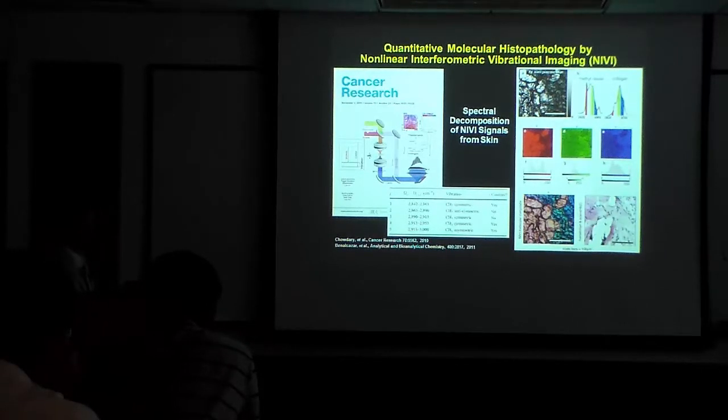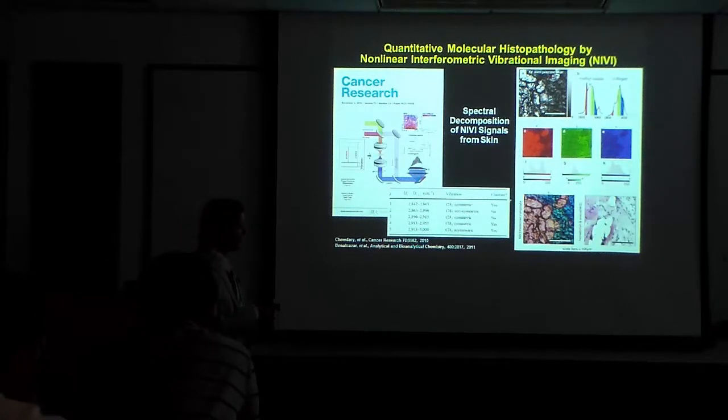We have a pump and Stokes beam that goes in and excites molecules in tissue sections. And then we use an interferometer for many reasons: to get phase information, to improve our signal to noise, and to reject the background of non-resonant signal. And we can generate molecular maps of tissue based on the endogenous molecular vibrations that are present.